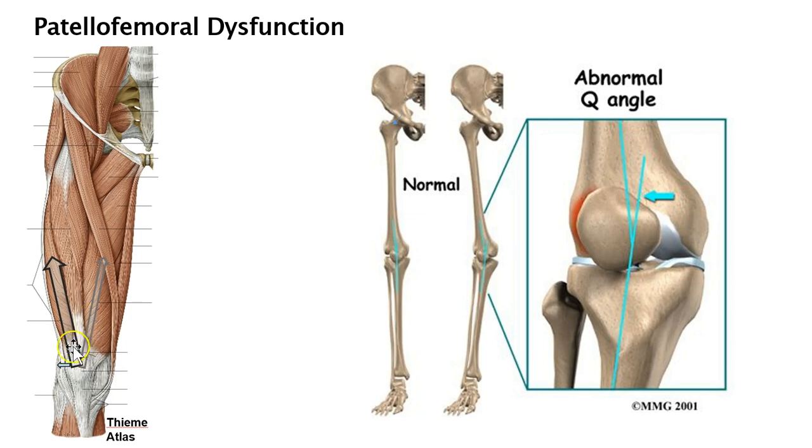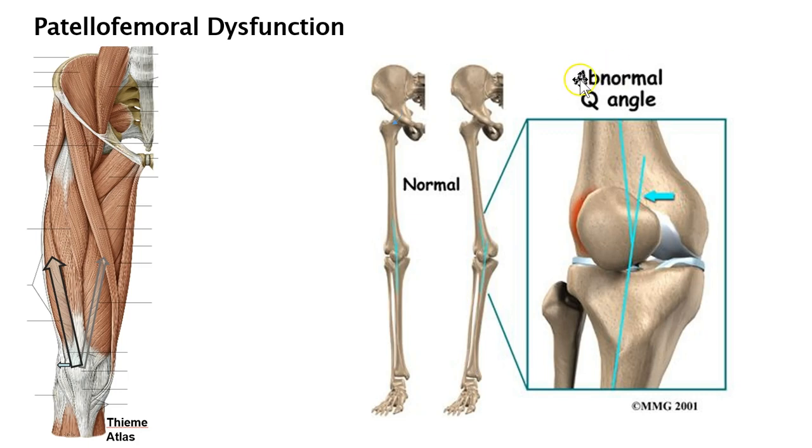This will lead to patellar tracking issues, leading to cartilage wear and tear under the patella and on the anterior femur. We can get a sense if someone is at risk for patellofemoral dysfunction by looking at the angulation of their femur with respect to the tibia.